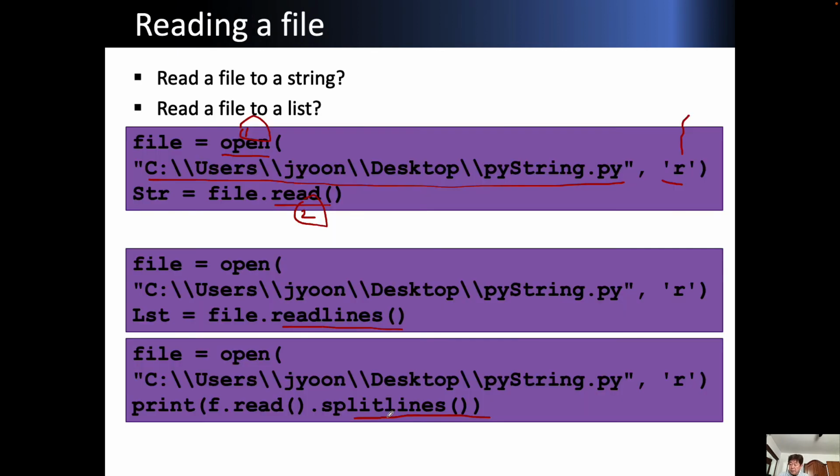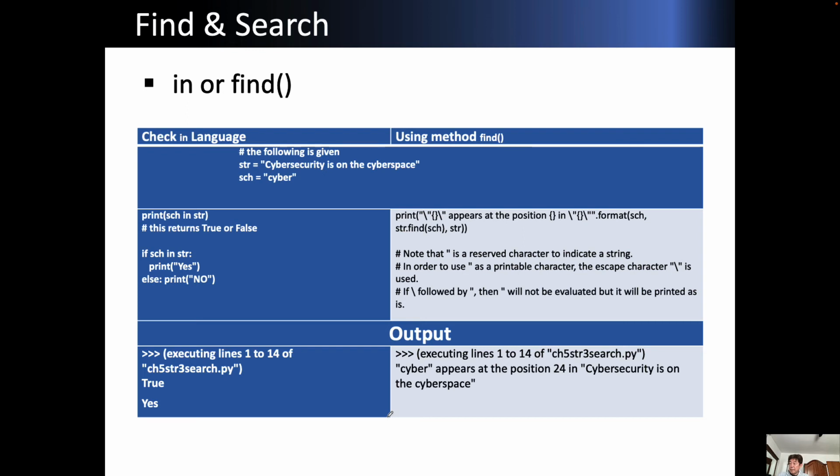I want to practice this with the next one here, find and search. Let's say we have a string str. This is from textbooks, a given string. If you want to search for cyber in there, simply using the language, this is one approach.